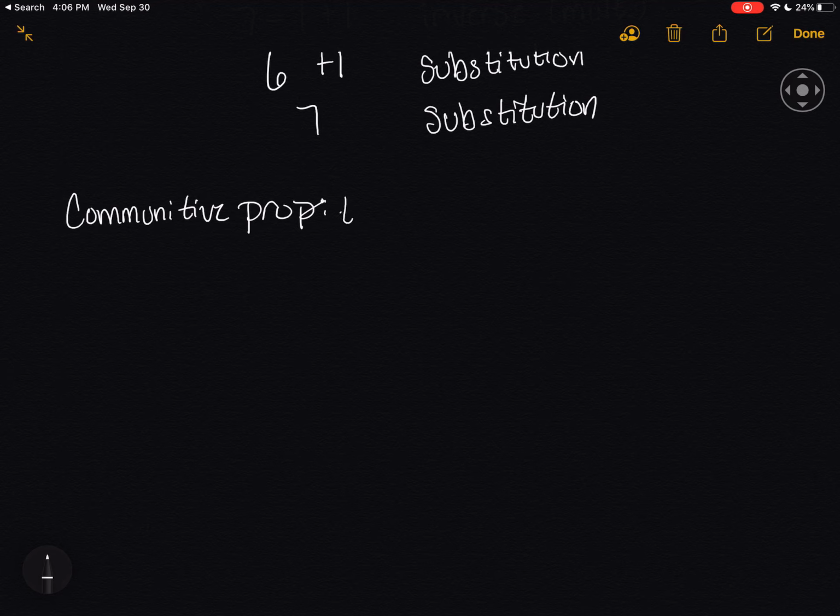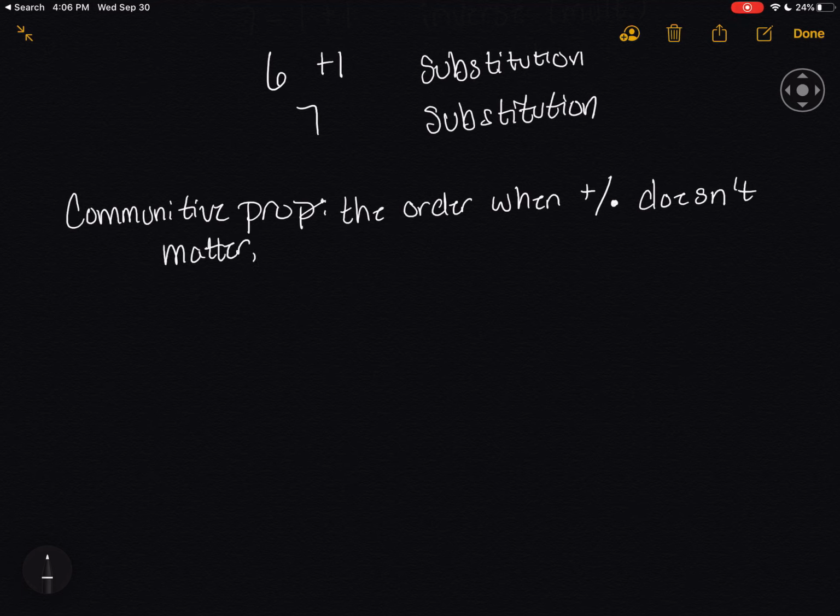So the order when adding or multiplying doesn't matter. The answer is still the same.